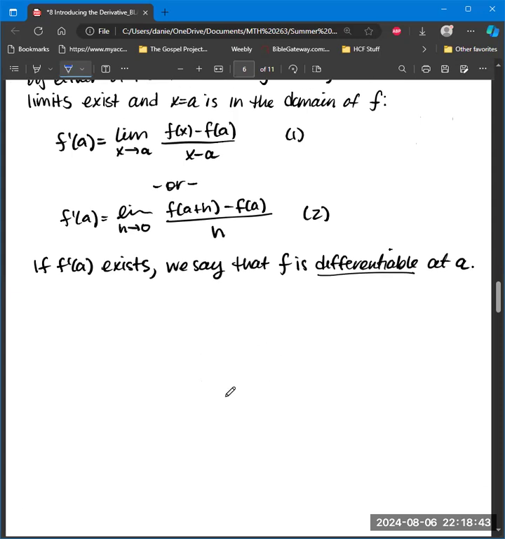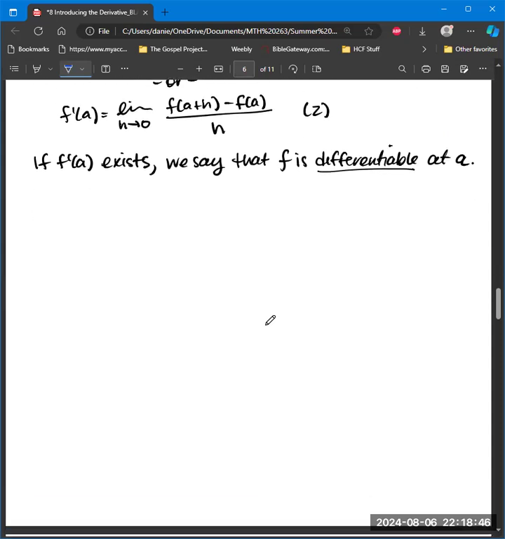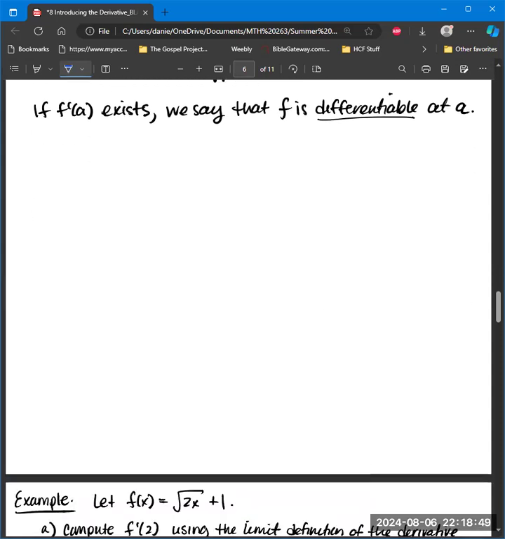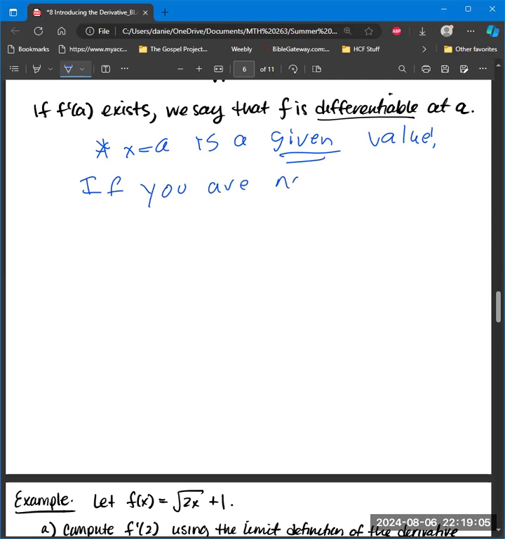So let's go ahead and say if f prime of a exists, we say that f is differentiable at a. So again, important note here: x equals a is a given value. If you are not given an x equals a value, you must find f prime of x in general.